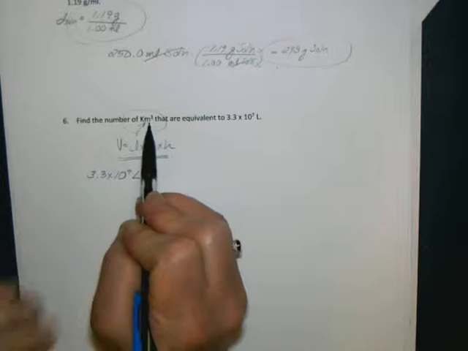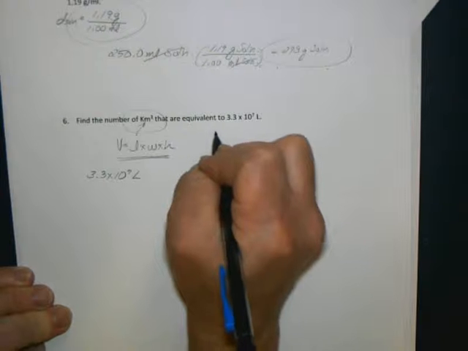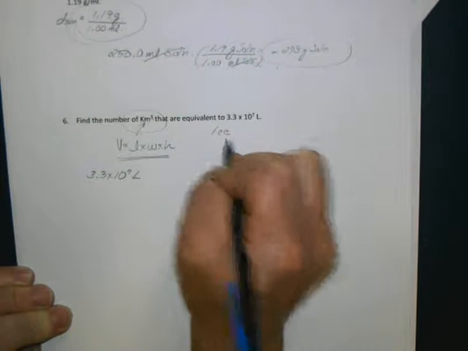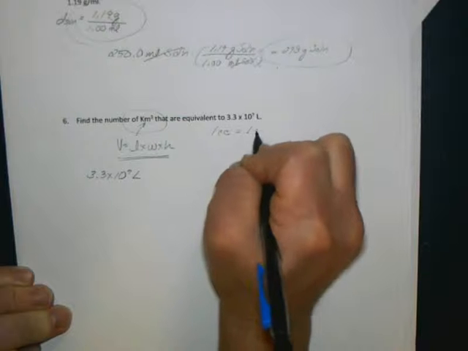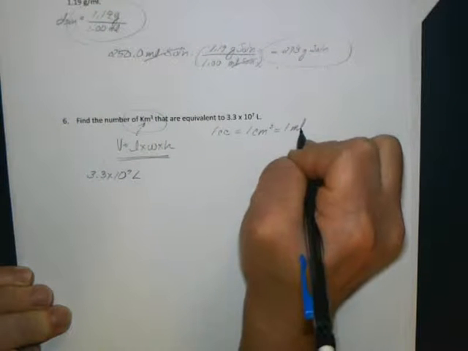Whenever we're asked this or given this, I always remember and remind myself of a cc. 1 cc, that is a cubic centimeter. That is equivalent to 1 centimeter cubed, which is equivalent to 1 milliliter. I'm probably going to use this somewhere.